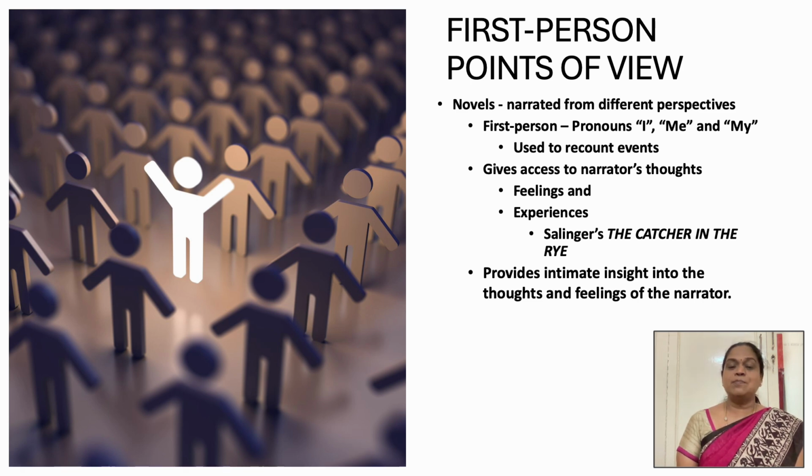You get access to the narrator's thoughts, feelings, and experiences. One such example is Salinger's The Catcher in the Rye. You get an intimate insight into the thoughts and feelings of the narrator.